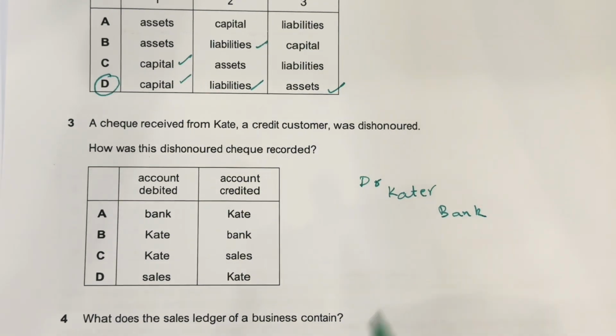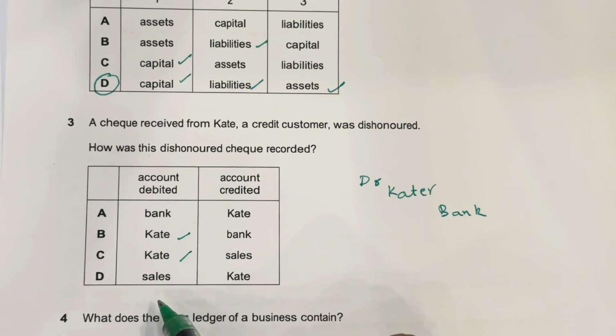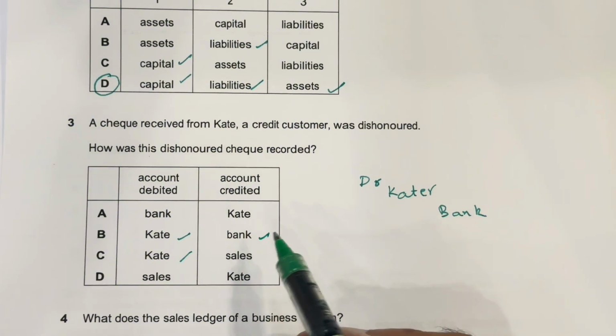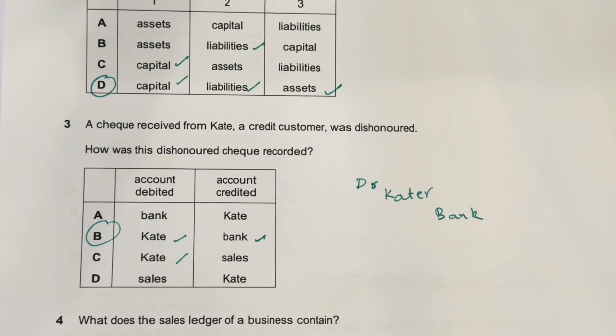So the only correct option, where Kate is debit and bank is credit, is B. B is the right option for MCQ number 3.